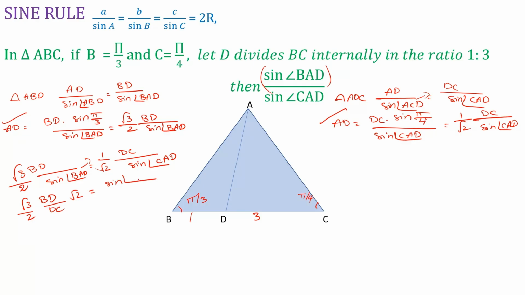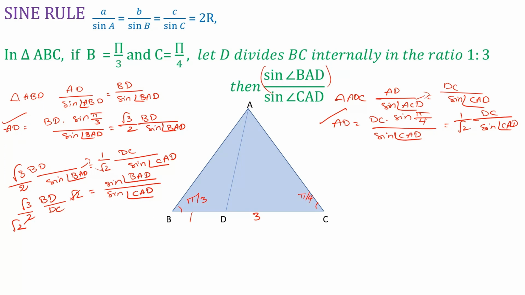So root 2 is equal to sine BAD upon sine CAD. Now root 3 upon 2 times root 2, it would be root 6 upon 2, times BD upon DC.